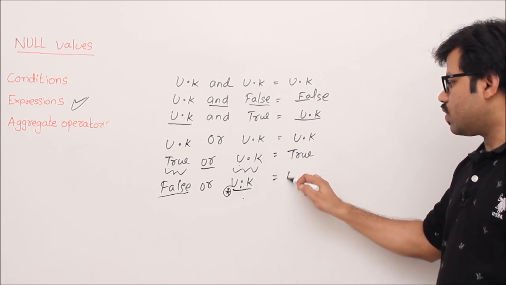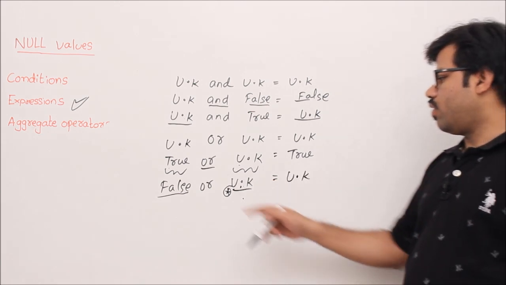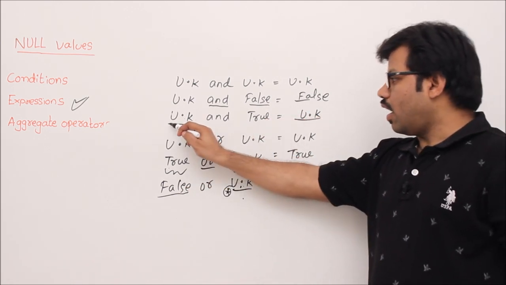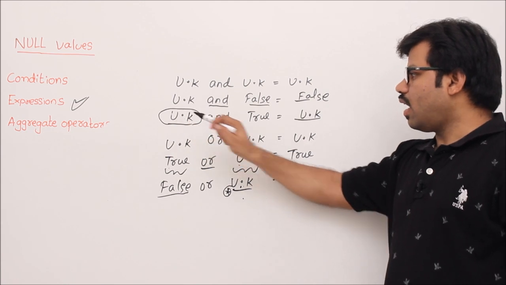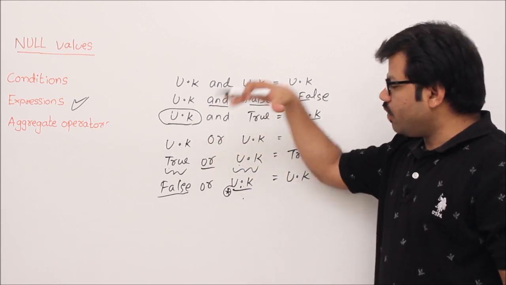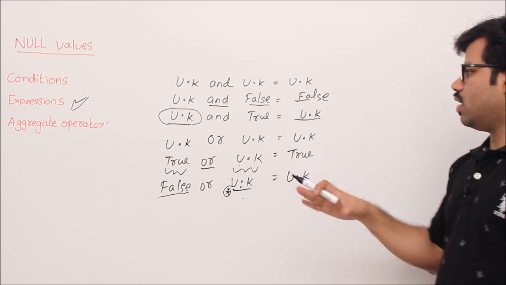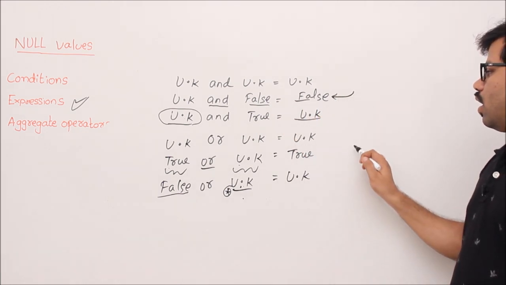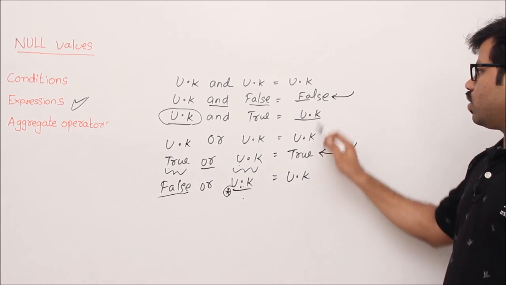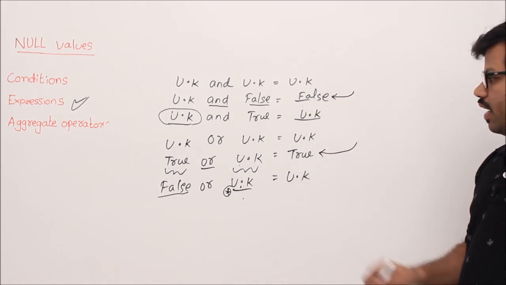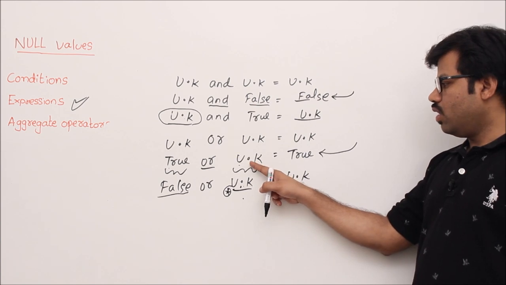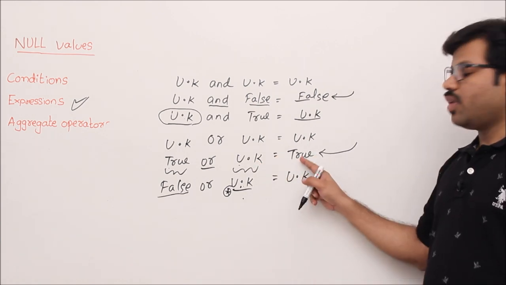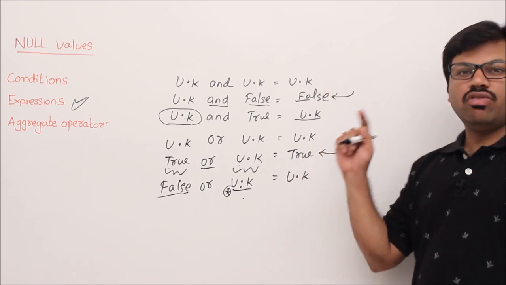That's why I say the logical value for false or unknown is unknown. Now you see, whenever there is an unknown value, it doesn't mean that the expression which contains unknown is always unknown. See here, unknown and false is false, unknown or true is true. Those two things you should remember, right? So any expression which contains unknown doesn't mean that it will give you an unknown result. Sometimes it may give a true result, sometimes it may give a false result.